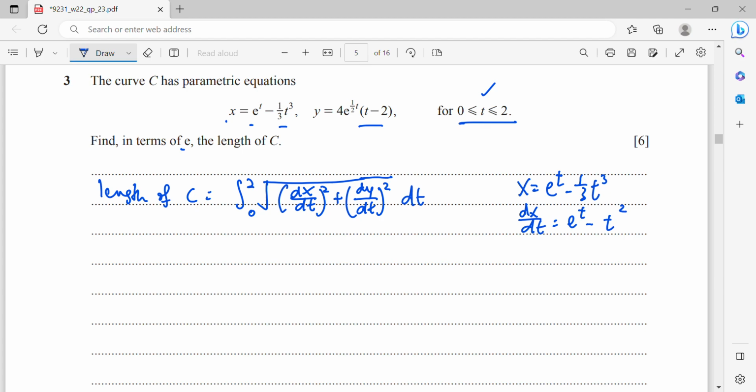Now for y equals 4e^(t/2) times (t minus 2), when you differentiate, we need to apply the product rule. Keep the first term and differentiate t minus 2, it will be 1. Then plus, keep the t minus 2, differentiate 4e^(t/2), so it will be 4e^(t/2) times half.